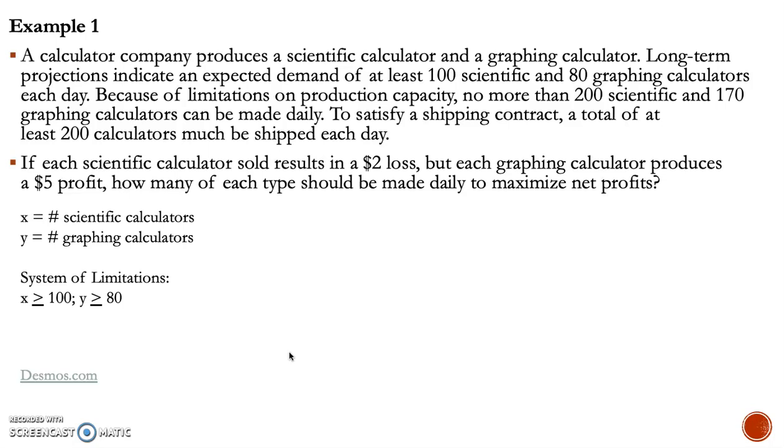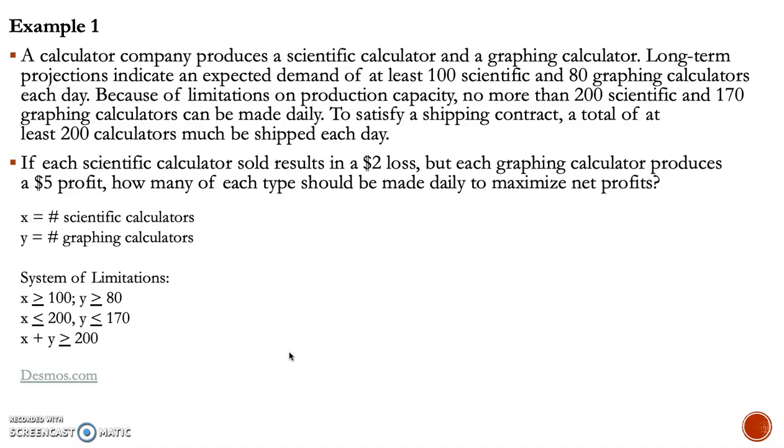And then our production capacity limitation is that no more than 200 scientific and 170 graphing calculators can be made each day. So x needs to be less than or equal to 200 because we can't go over that, and y needs to be less than or equal to 170.